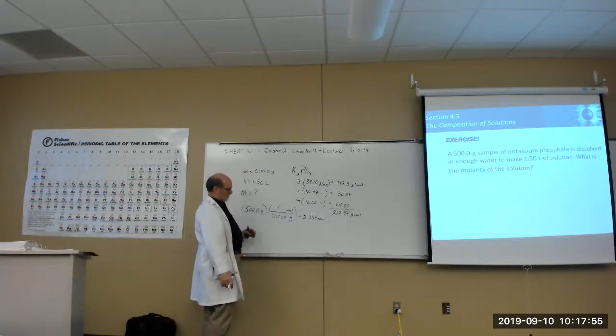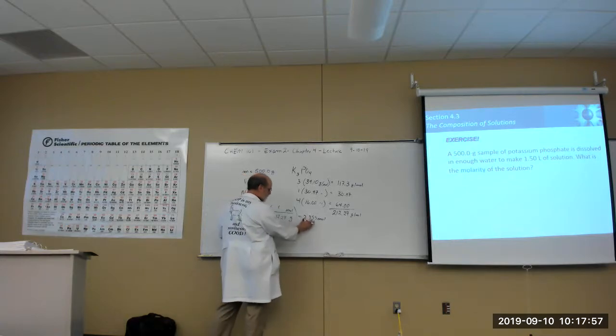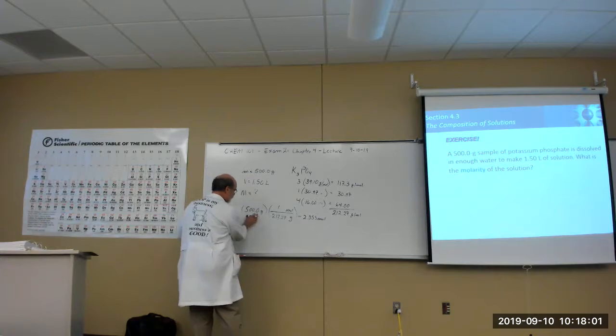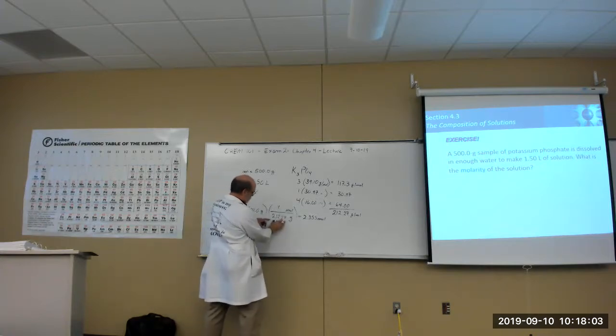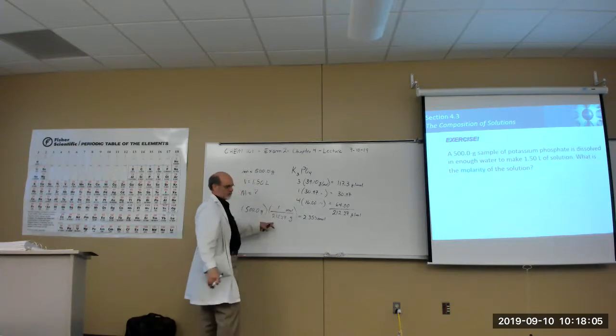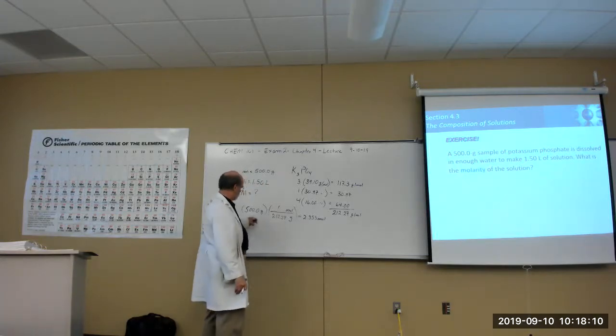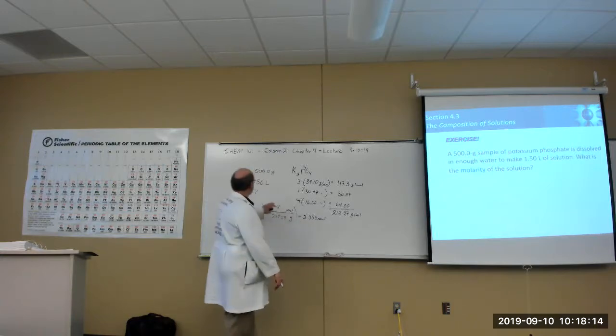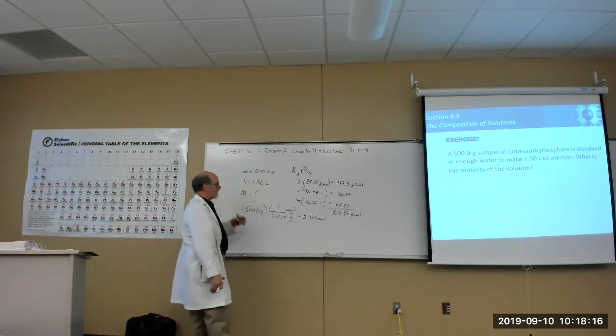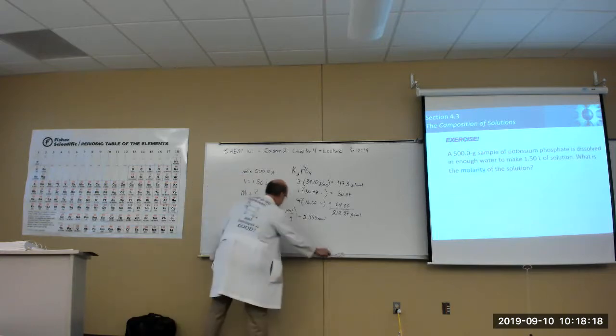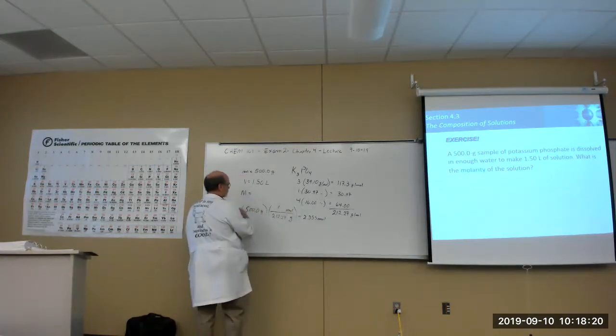Okay, so notice that by doing this, I'm now rounded off to 4 significant figures in keeping with these 4, and this conversion factor goes out the window. In other words, those 5 significant figures don't count anymore. Only these 4 do. So now we have the number of moles, we've got the volume, we can calculate molarity. So let's do that.